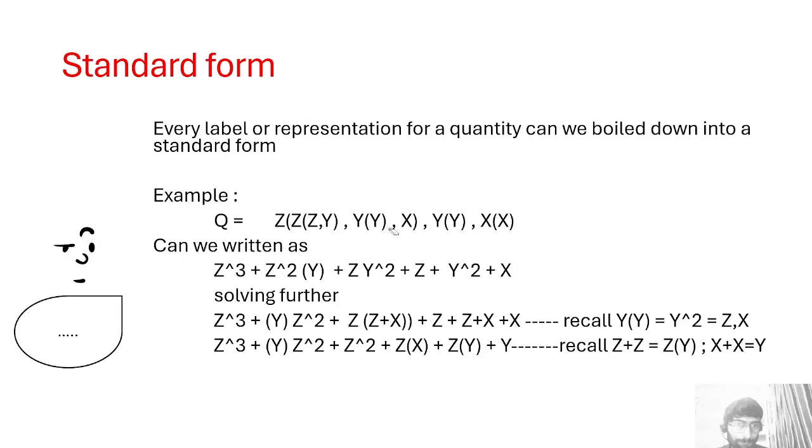Well, with that, let's move to a very important part, the standard form. Let's say we have a quantity, with the z symbol as this quantity, y symbol as this quantity, x symbol as this quantity, and combined they're representing this q quantity, right?